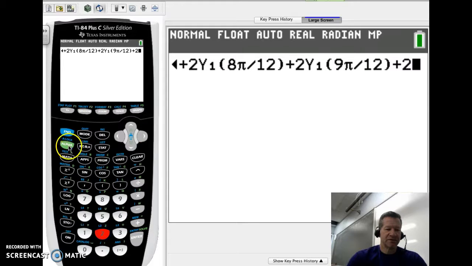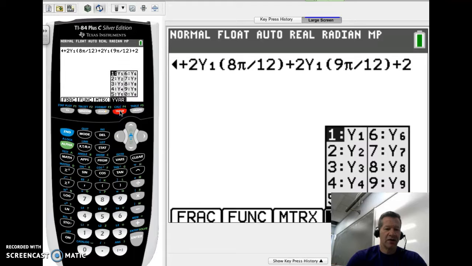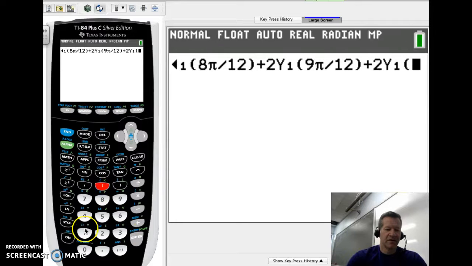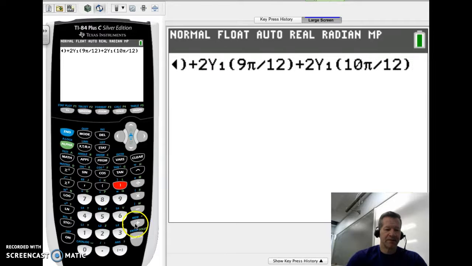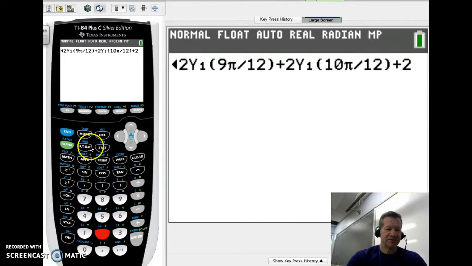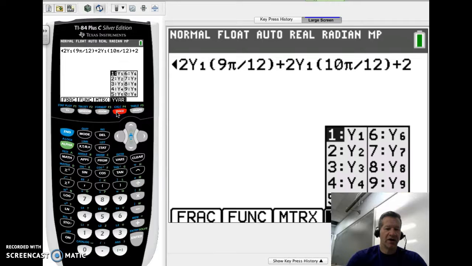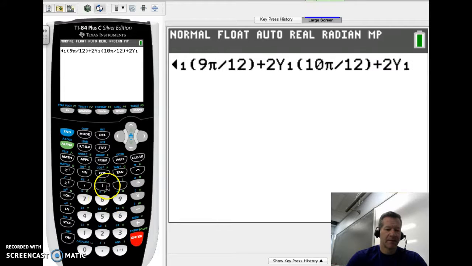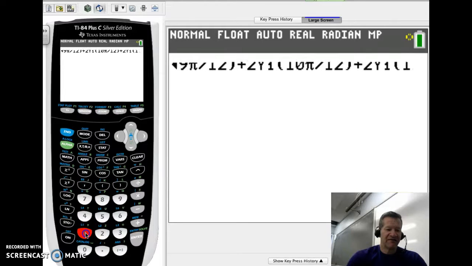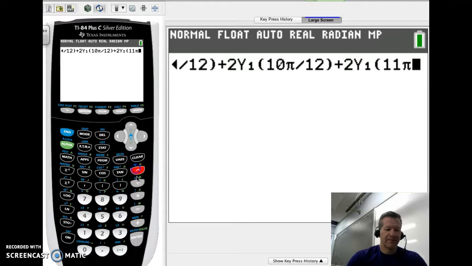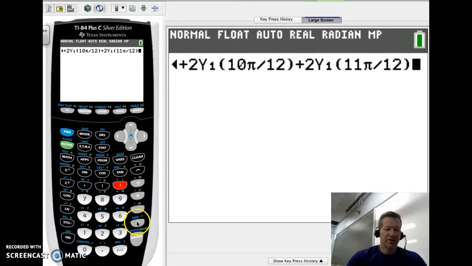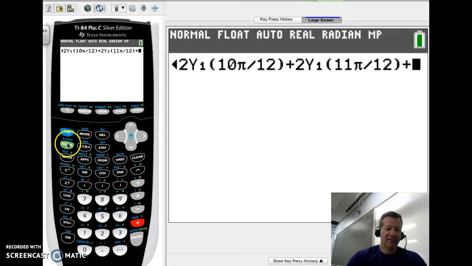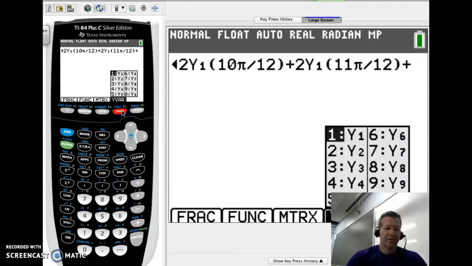Plus 2 times y1 of 10 pi over 12. Close that. Plus 2 times, is my last 2 times, y1 of parentheses 11 pi over 12. Whew. Finally, plus just 1 time f of pi.